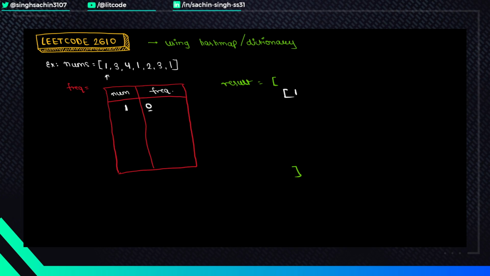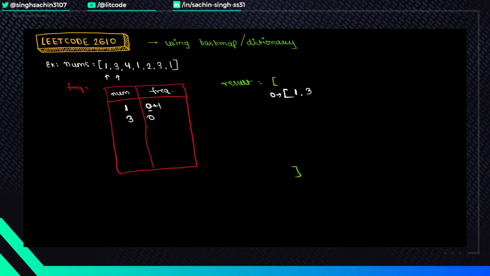Okay, next comes 3. 3 was also not there, so after adding 1 into this, we will increment the frequency with 1. Okay, 0 plus 1. Now we saw 3. 3 was also not there, so initialized with 0 in the 0th row. So this is the 0th row for you guys.